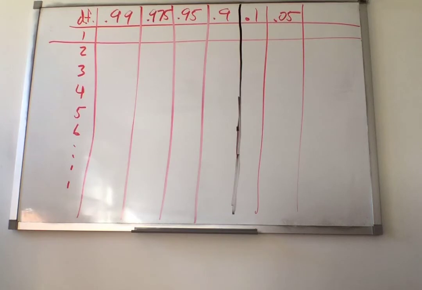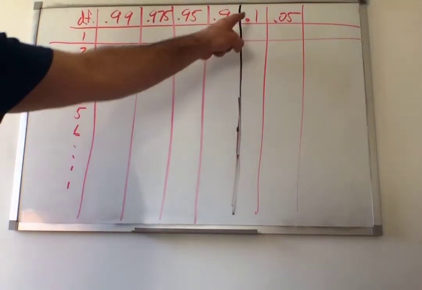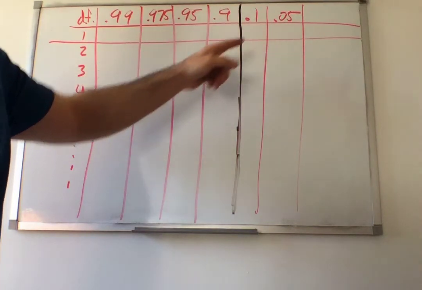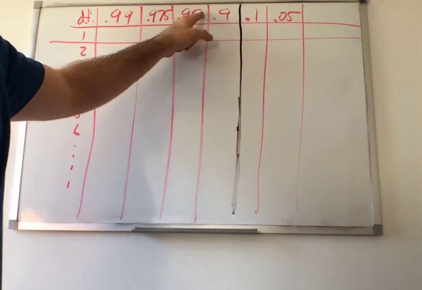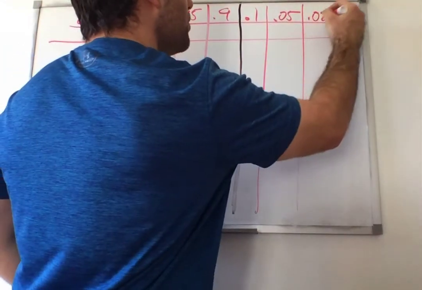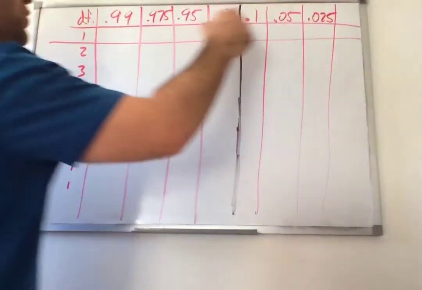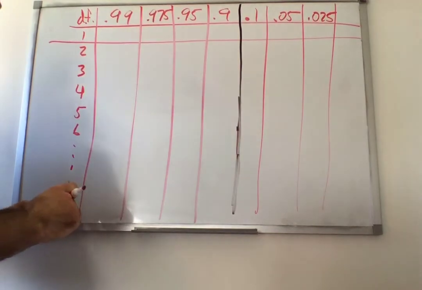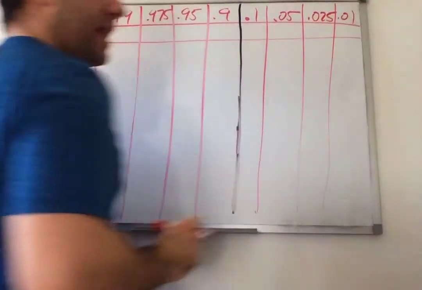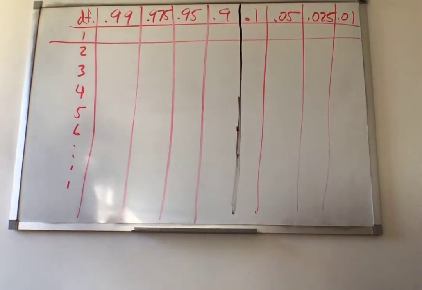And what I mean by it's symmetrical, 0.1 plus 0.9 is 1. 0.05 plus 0.95 is 1. This next one is 0.025. 0.025 plus 0.975 is 1. 0.99, so this is 0.01. They all add up to 1. It's symmetrical.